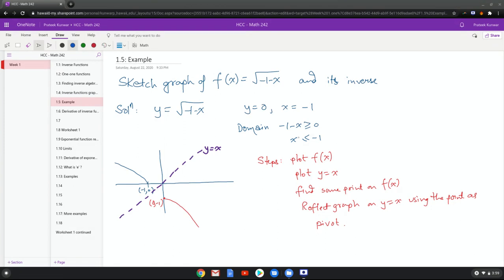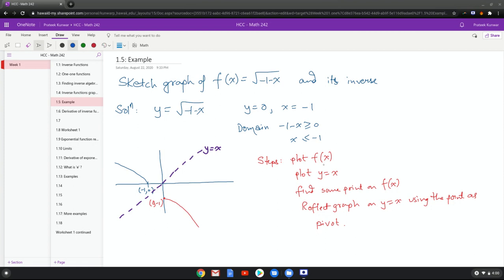You know the domain, because it's a square root. We're working with real numbers, so it's got to be non-negative inside, so x is less than or equal to -1. And the general shape of a root function is that way. And then you draw y equals x, and use one of these points to find the reflected point. So (-1, 0) becomes (0, -1), and then copy the shape.